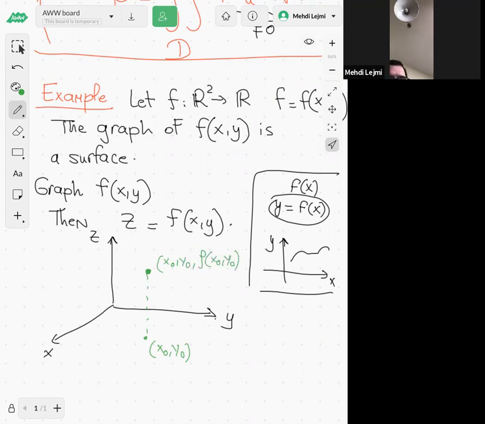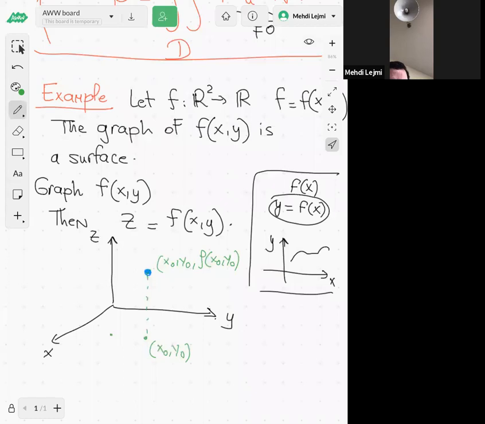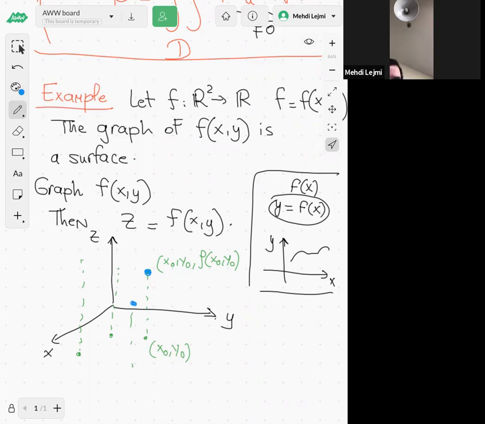So what you do, guys, is that to each point of the XY plane you associate its image. So there's another point here, you associate its image, etc. To each point of the plane, you're going to associate an image, right?